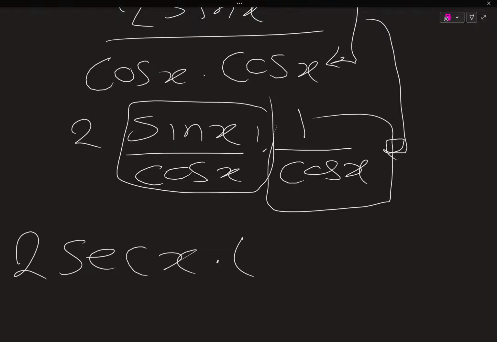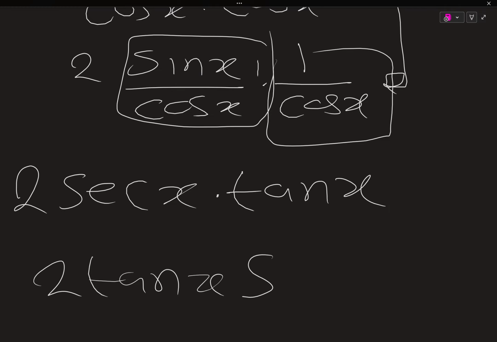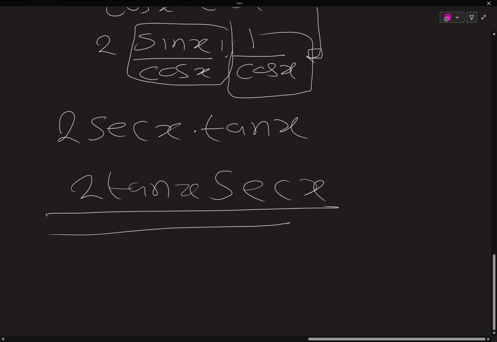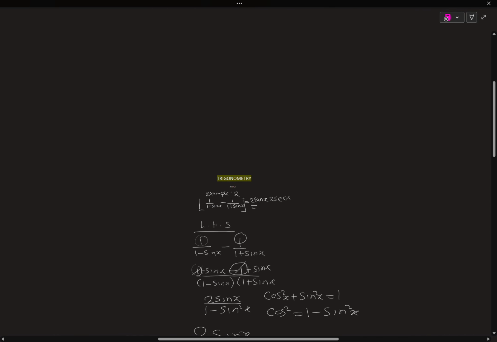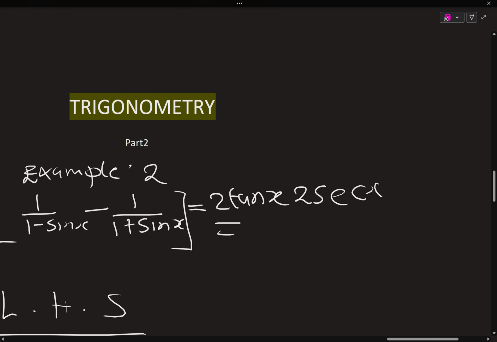This is simply tan x. So we can simply say 2 tan x sec x. We have proved that this is simply that. It's simply this here.